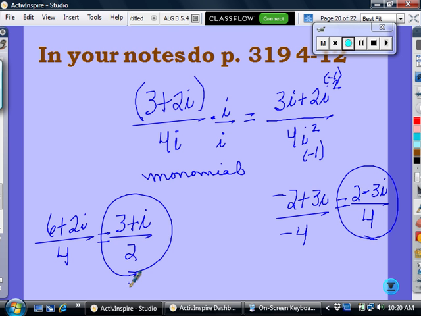So on this sheet, operations with complex numbers and radicals, you are now ready to do 1 through 20. Believe it or not, you're ready. 1 through 6 is addition and subtraction. Guys, watch your signs and combine like terms.